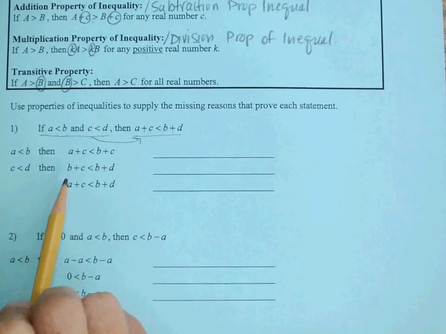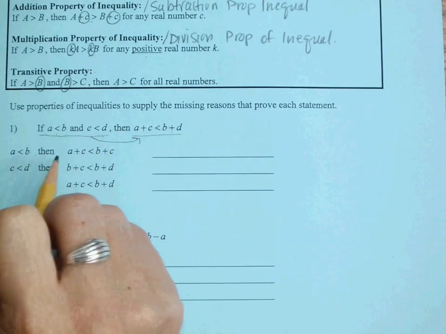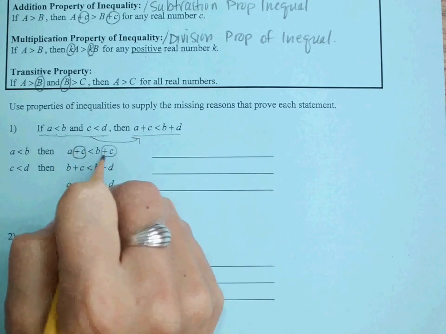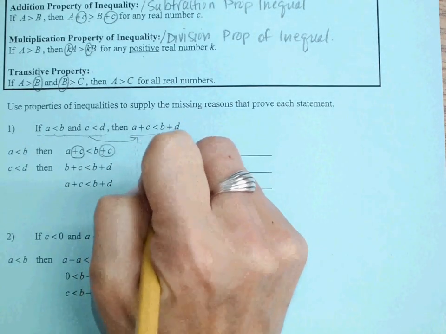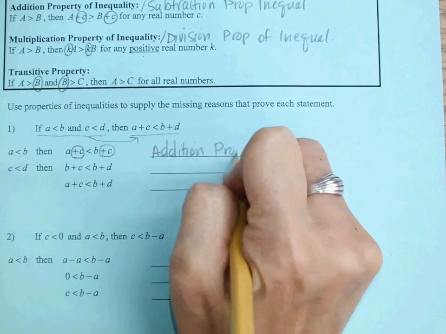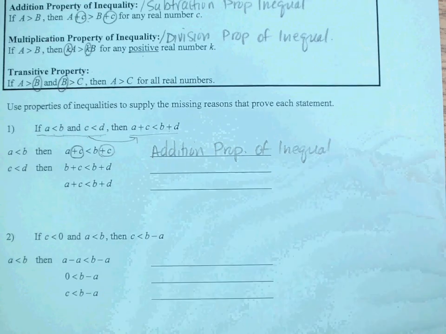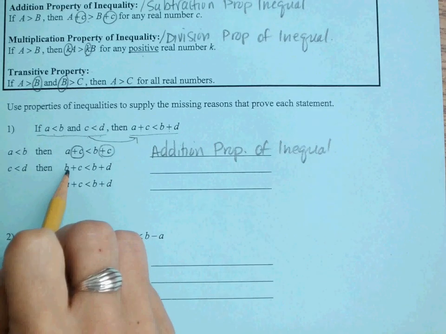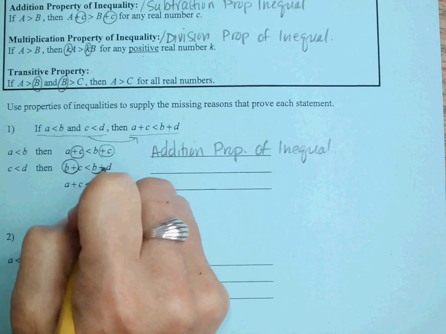I wrote the proof out, and we're going to start with A is less than B. Then we look at what changes: C is getting added to both sides. With C getting added to both sides, we say it's the addition property of inequality. Then again, if we have C is less than D, then B plus C is less than B plus D. This time it is B that is getting added to both sides.